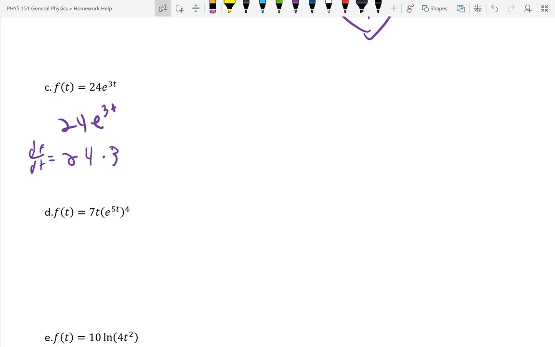And then you have the entire exponential you started with, so the e to the 3t. And that's just e. No, the entire thing, e raised to 3t. You keep the same exponent. So you bring down the derivative of the exponent and then you have the original. And of course, the last step equals. What's 24 times 3? 72. Okay.